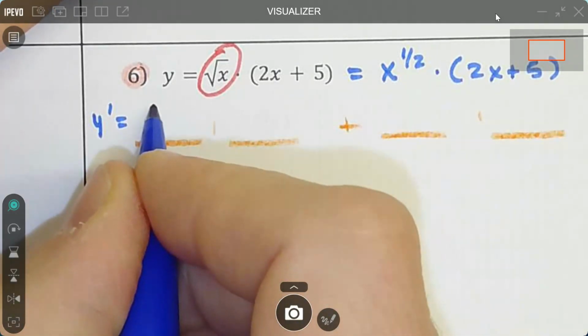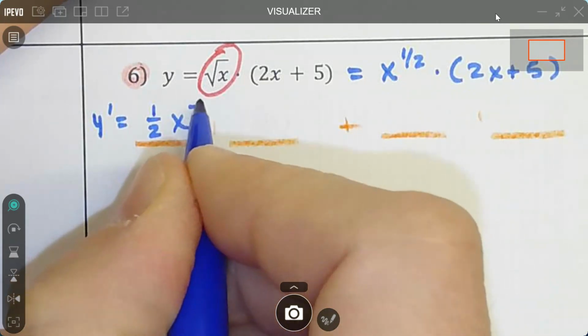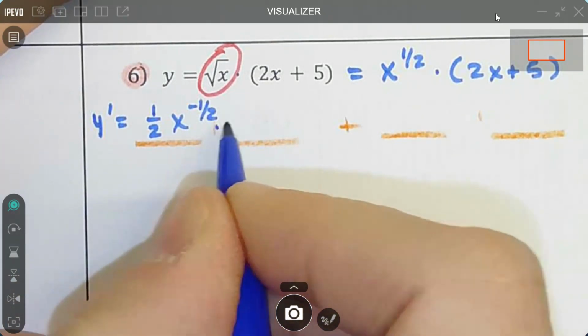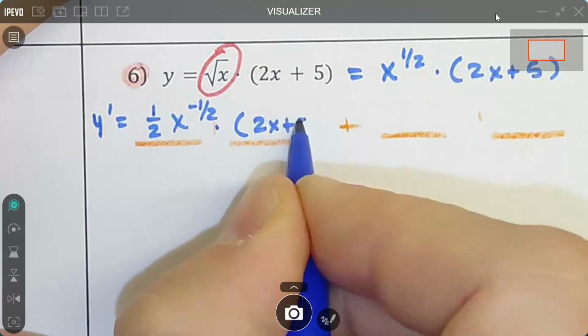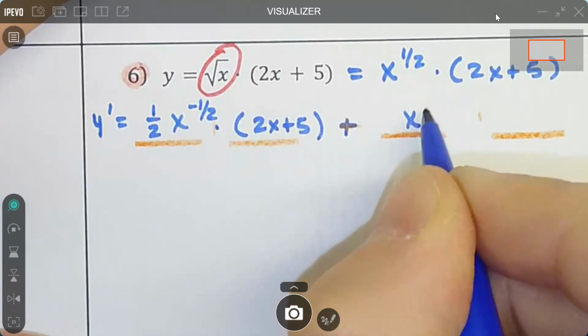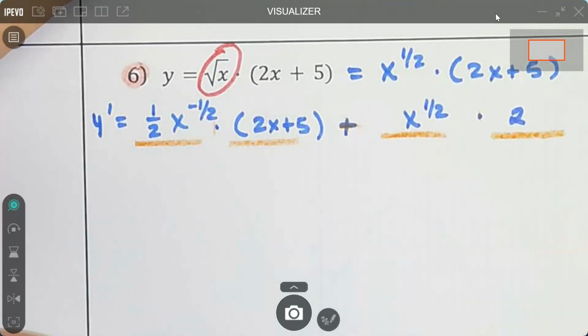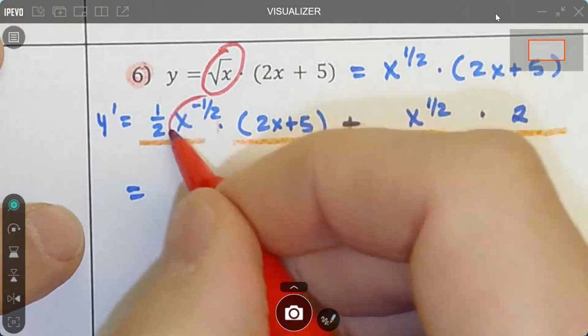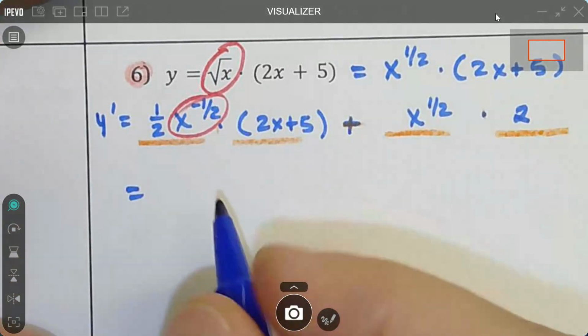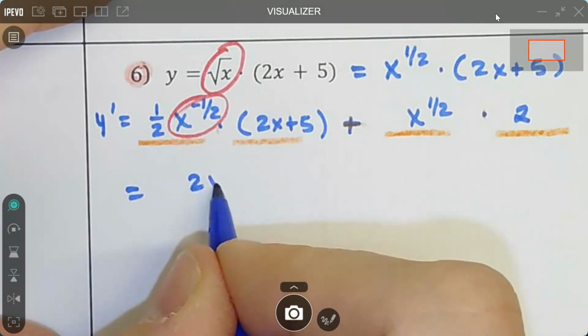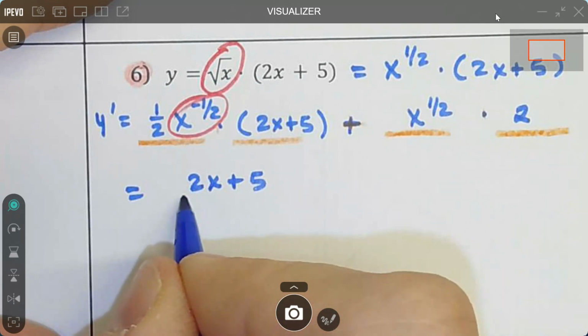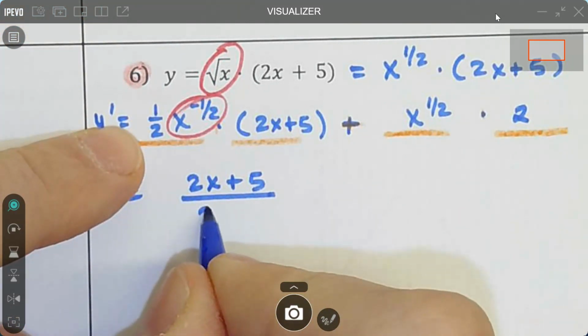So the derivative of that is half of x to the negative half times, leave the second one alone, plus x to the half times the derivative of the second one, which is 2. Right here, we take the x to the negative half, we move it to the denominator. So you're going to get 2x plus 5 divided by 2.